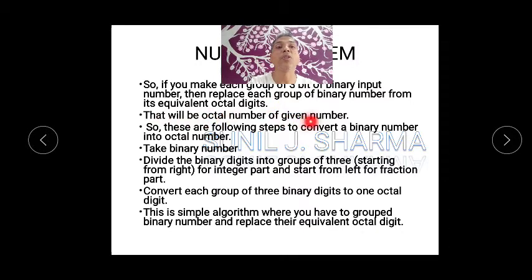That will be the octal of the given number. So these are the following steps. Take a binary number, divide the bits into groups of 3. For the integer part, it starts from the left, and likewise for the fractional part. Convert each group of 3 binary digits to 1 octal digit. This is a simple algorithm where you group the binary and then replace it with the equivalent octal digit.